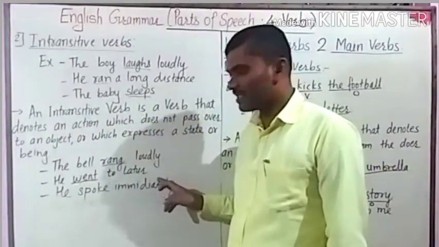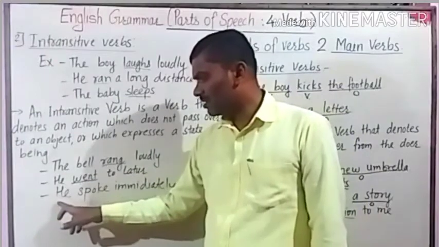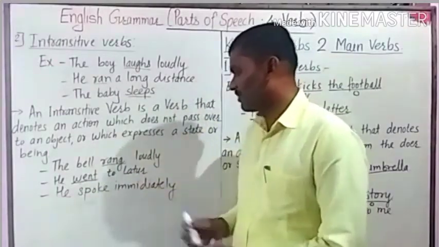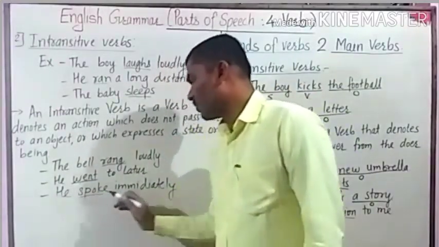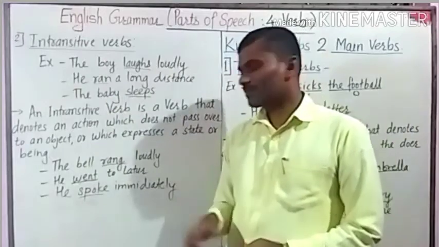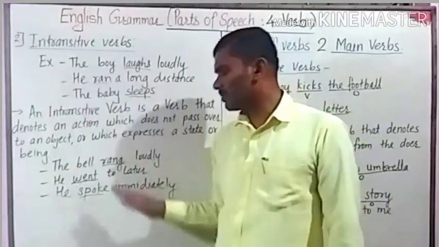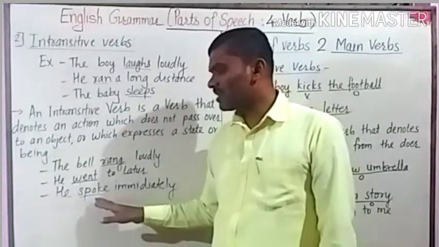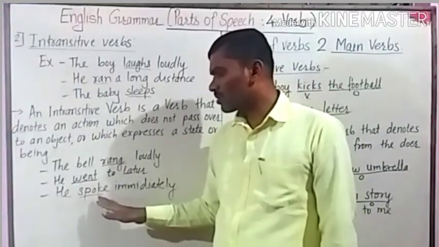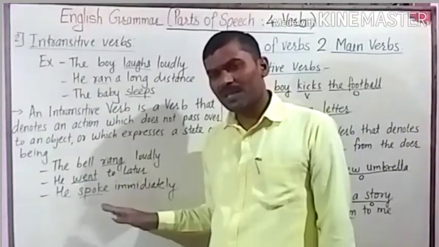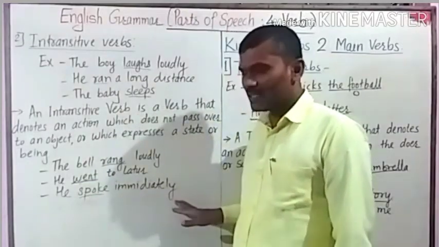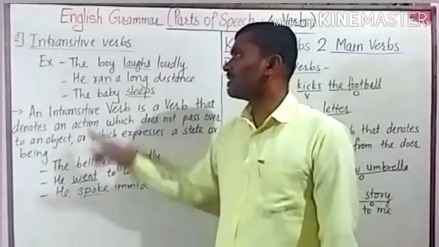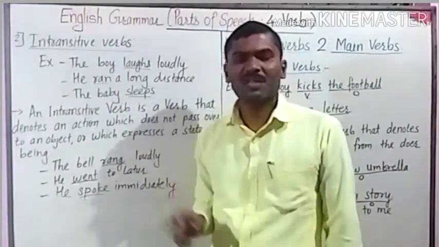Third, he spoke immediately. In this sentence, the verb spoke is an intransitive verb because there is no object. Because what did he speak? Whom did he speak? We didn't get an answer. So this verb is an intransitive verb.